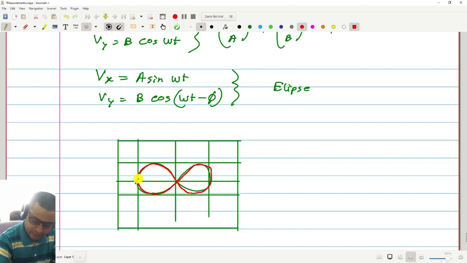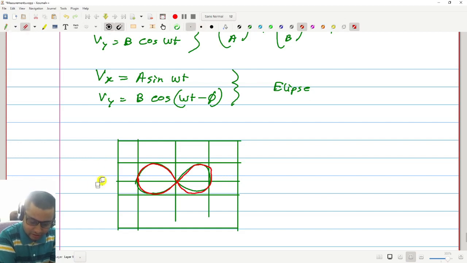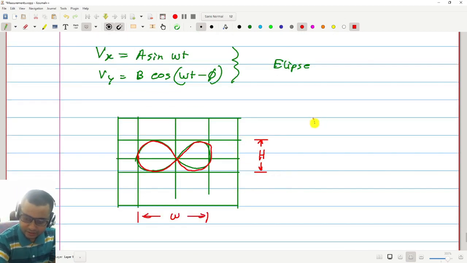From this, what information can you readily say? Suppose this height is, just a second, call it h from here to here, and suppose this is w. So what can you say from this graph about Vx?